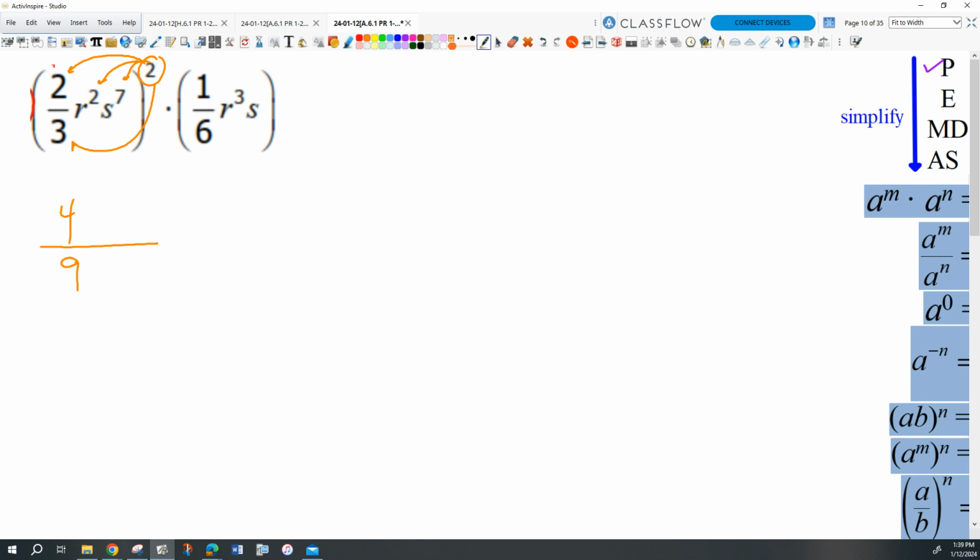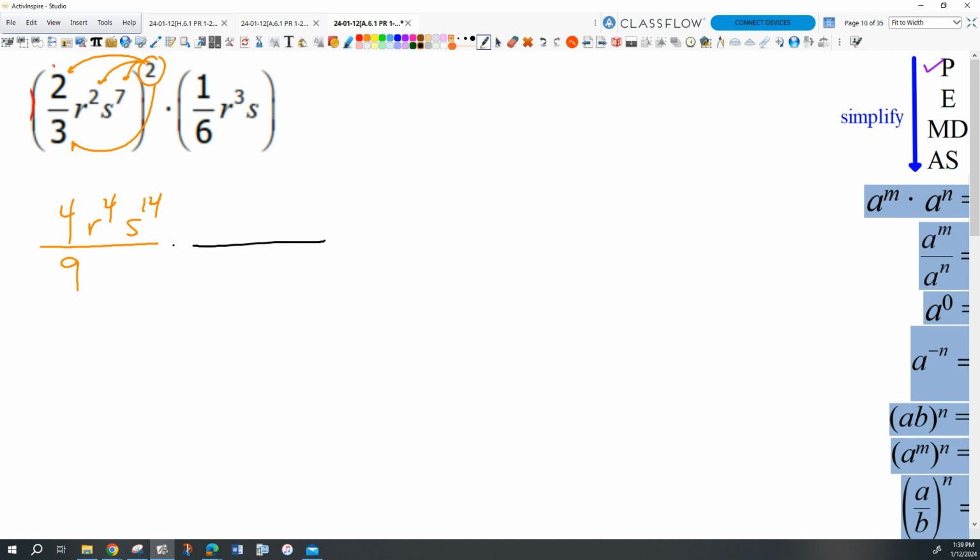Because these are technically over 1, aren't they? So that stays on the top. And what if I distribute to the s to the 7th? That's s to the 14th, right? Remember, when I take a power to a power, I multiply the exponents. So there's what I get from the first one. Agree? Okay.